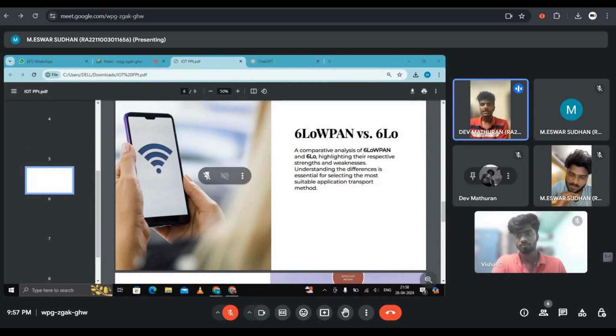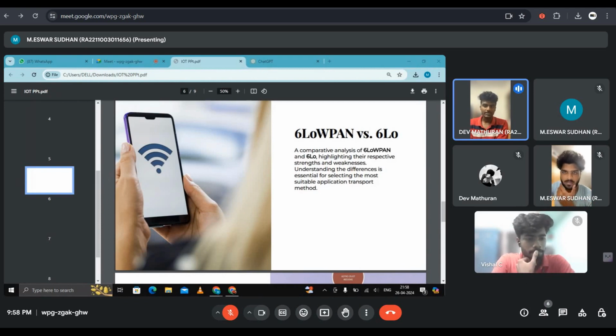Use case: 6LoWPAN is specifically designed for low power, low bandwidth wireless networks commonly used in IoT devices. 6LO is generally used for IPv6 over various networks. Efficiency: 6LoWPAN optimizes network resources for resource-constrained IoT devices. 6LO provides flexibility for IPv6 deployment over different network types. Addressing: 6LoWPAN supports efficient address compression for reduced overhead.